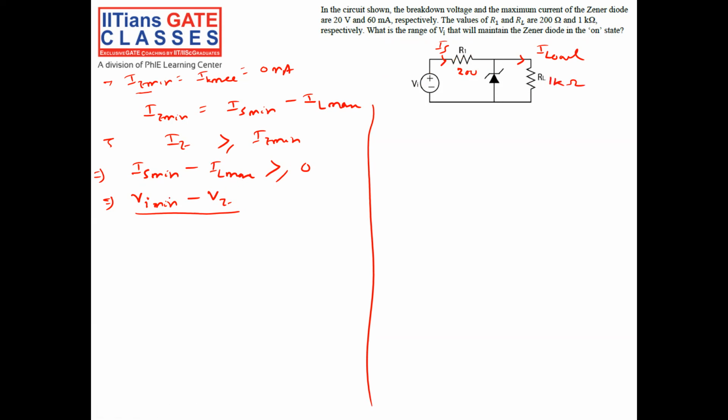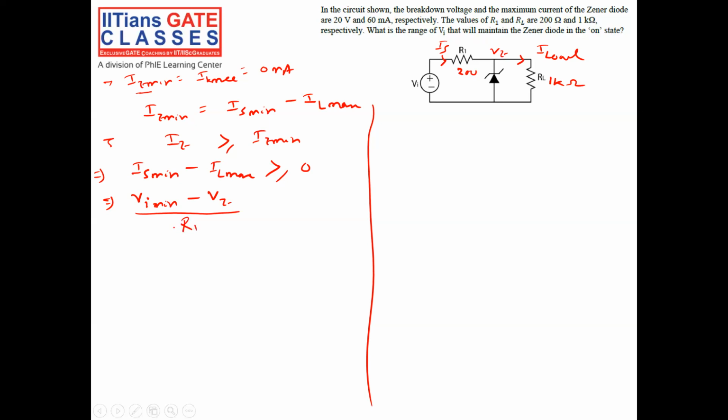So ideally, the Is minimum will be the input minimum voltage minus the Vz, by R1 maximum. But here R1 is fixed, so I will take R1 directly.